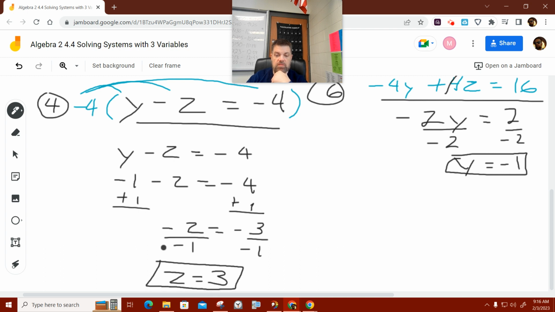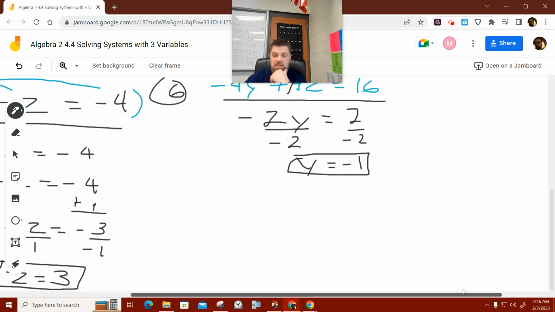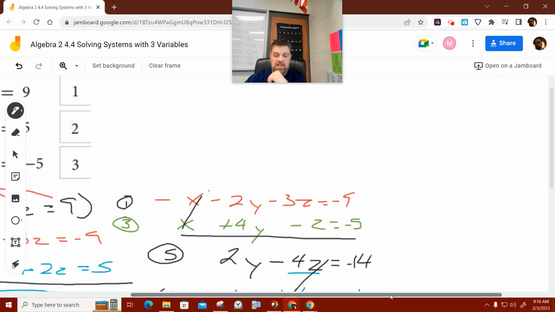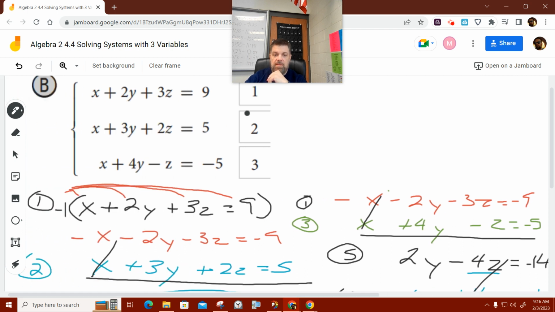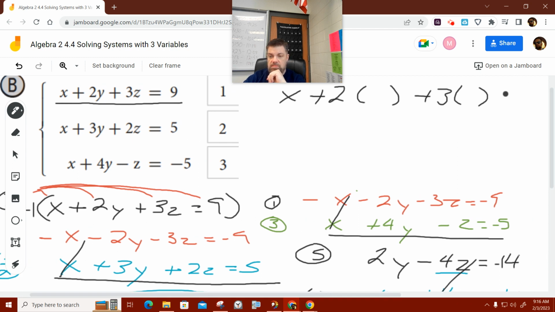Now I just need to solve for x, right? Now to solve for x, I can use any x term. So I'm going to just use the first equation. I'm going to say x plus 2 times the quantity for y plus 3 times the quantity for z is equal to 9. So we know that y is equal to what? -1.